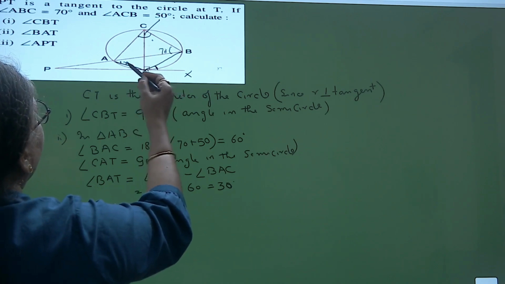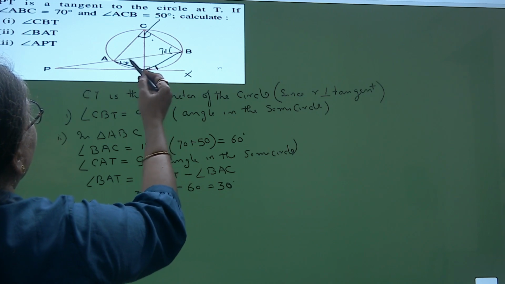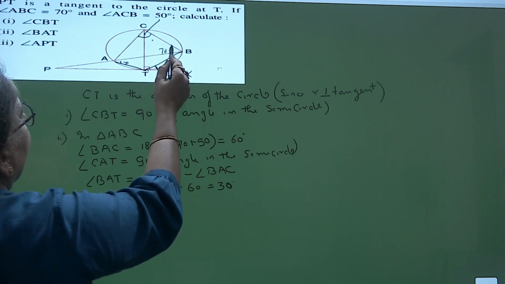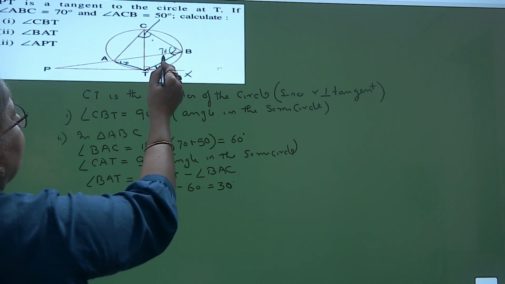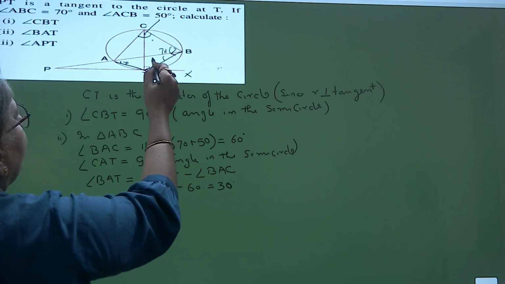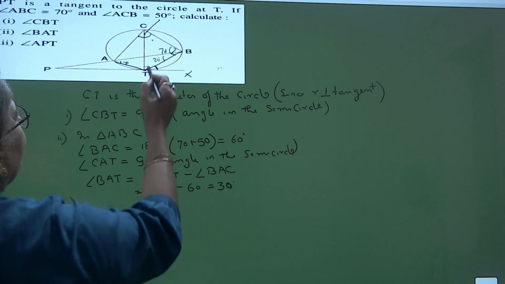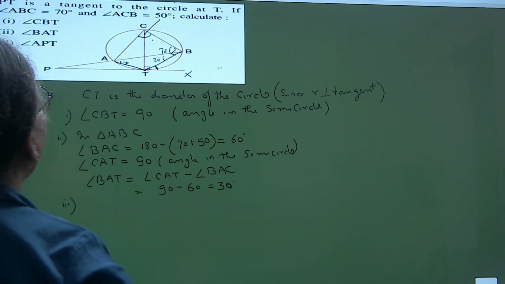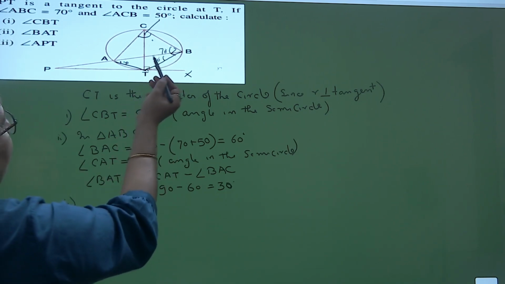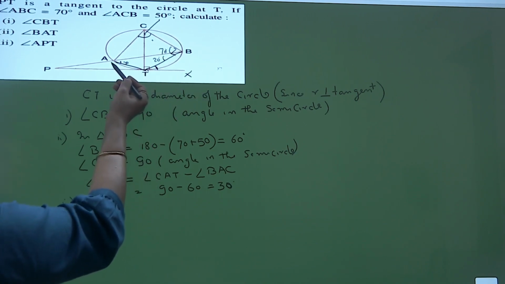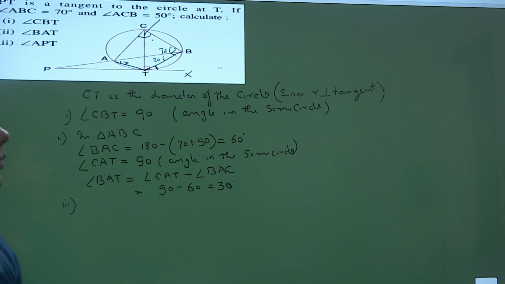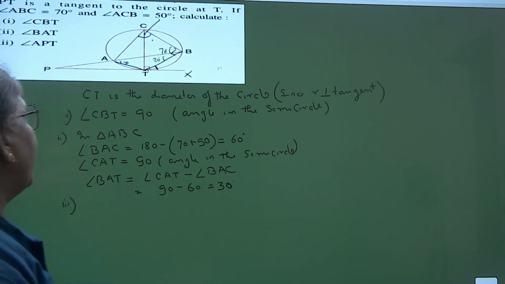Now we can get one more thing from here. See, this whole angle is 90. So 90 minus 70, this will be 20 degrees. And if this angle, that is ABT, is 20, then ACT is also 20, angles in the same segment.